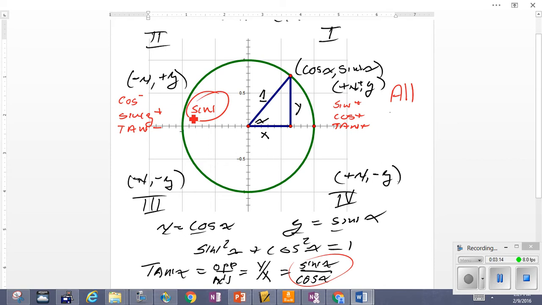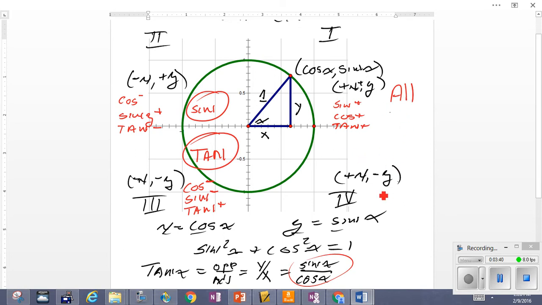The other two are going to be negative. In quadrant 3, cosine, which is our x, is negative. Sine, which is our y, is negative, and their ratio, which is our tangent, is going to be positive, okay? So then we're going to remember in quadrant 3, the tan is the positive one of the three, okay?